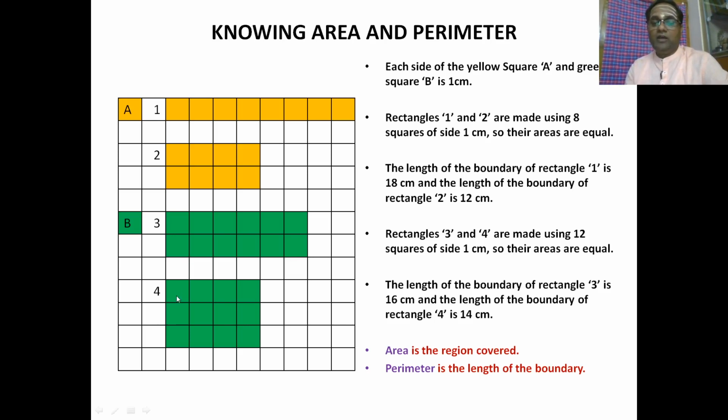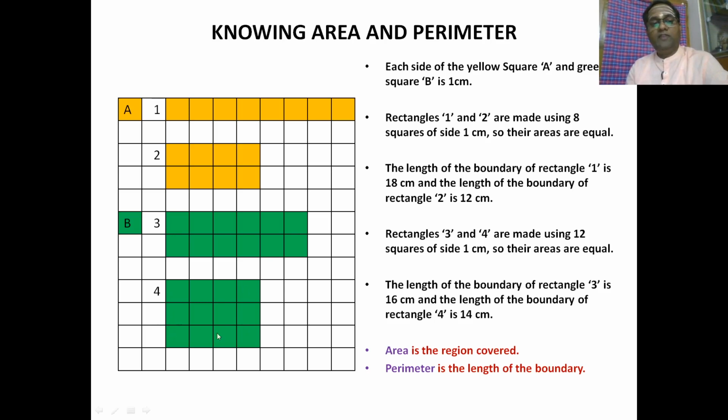Let's find out the area of the fourth rectangle. You can see here the fourth rectangle is made up of 1, 2, 3, 4, 5, 6, 7, 8, 9, 10, 11, 12. Again this is made up of 12 squares.